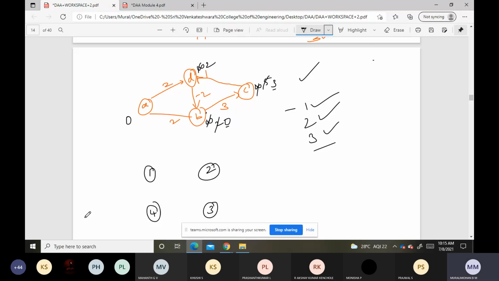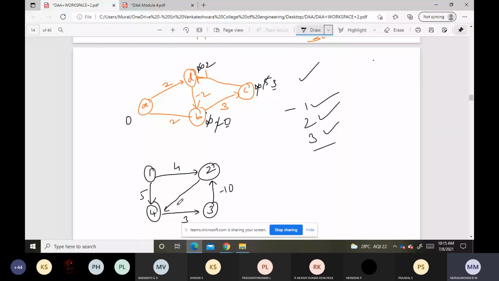Okay. So here we are having 4. Here we are having 5. Here we are having 3. Here we are having minus 10. And here we are having 5.